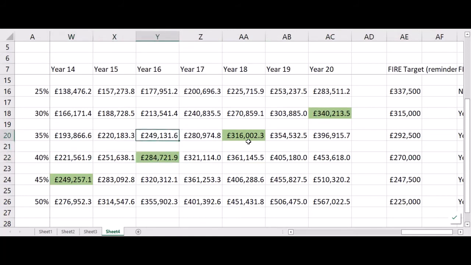Then for, is that 35%? Yeah, 35%, roughly 18 years. And finally, as we had said before, at 30%, you're going to be looking at about 20 years, starting from scratch.